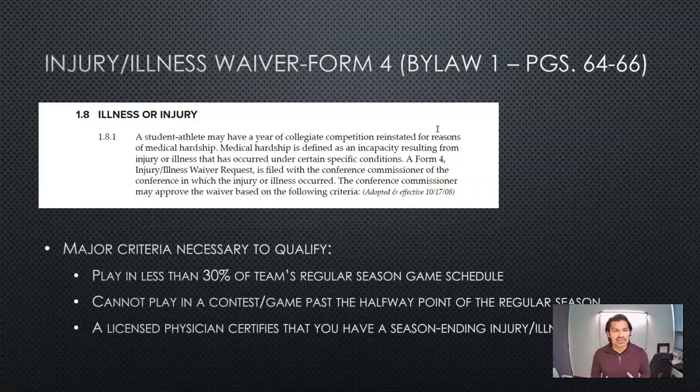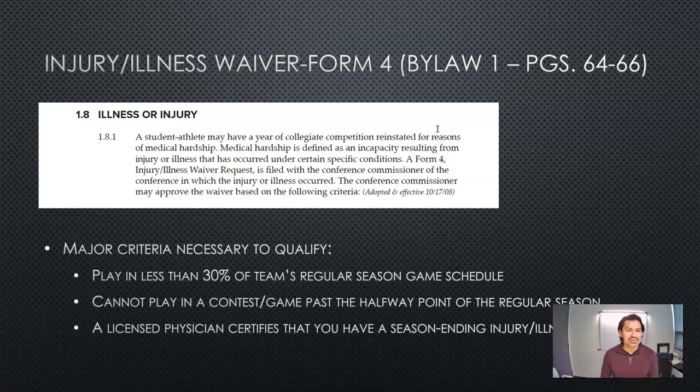All right, so the final topic for Module 2 talks about injury or illness. And what we're talking about here is the 3C2A Constitution and Bylaws document, Bylaw number 1. As noted here in pages 64 through 66, there's a section called Illness or Injury.